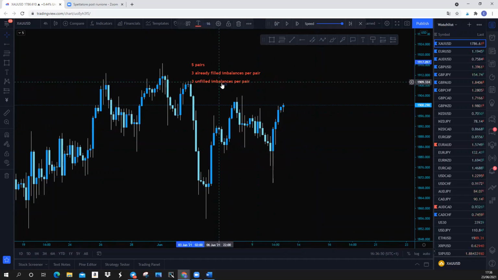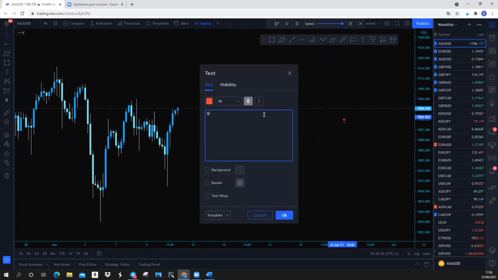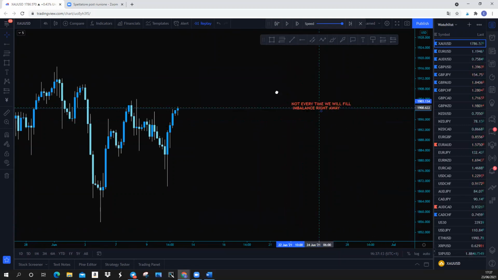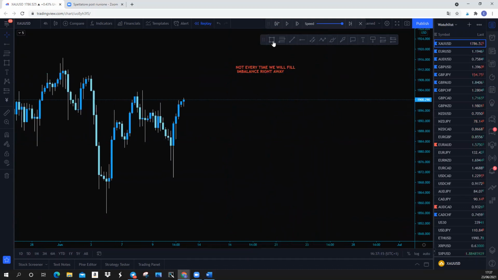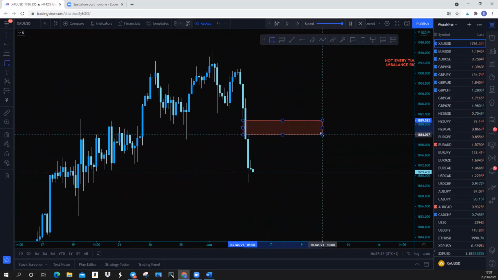Now, this is leading us to the next point. Not every time we will fill imbalance right away. The problem with a lot of people trading imbalance areas is that they see the imbalance right here, for example, or right here also we have imbalance.